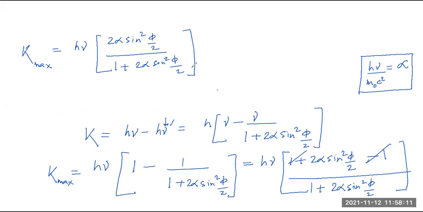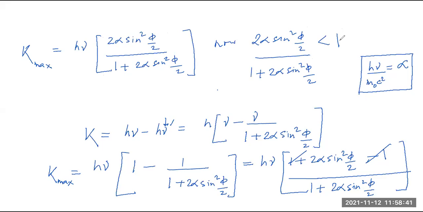Now please note, just look at the bracket term: isn't the denominator greater than the numerator? Yes. Now 2 alpha sine square phi by 2 by 1 plus 2 alpha sine square phi by 2 is less than 1. It is a quantity that is less than 1. Sure shot?